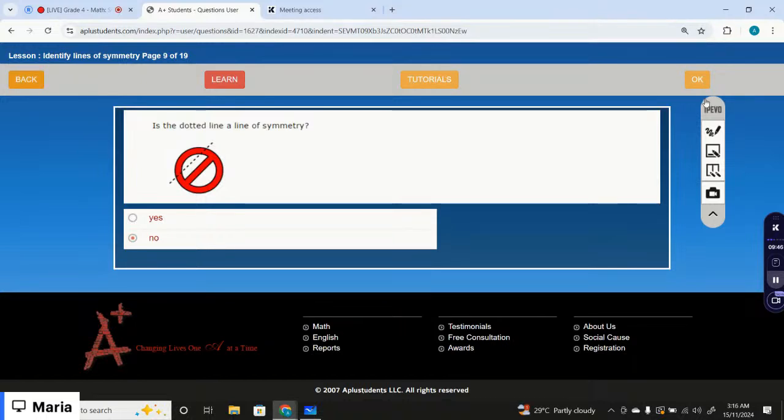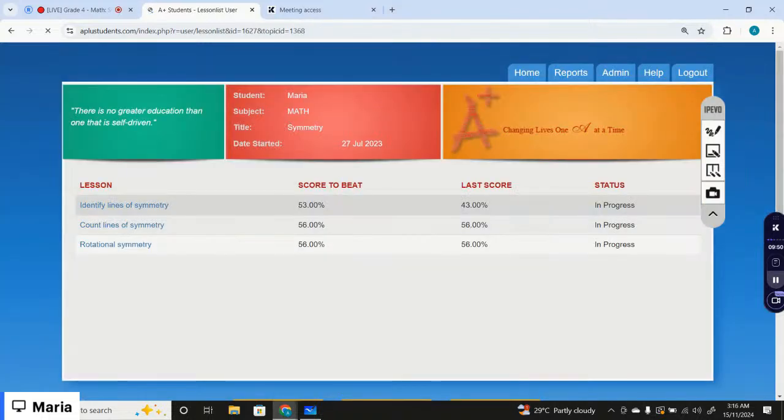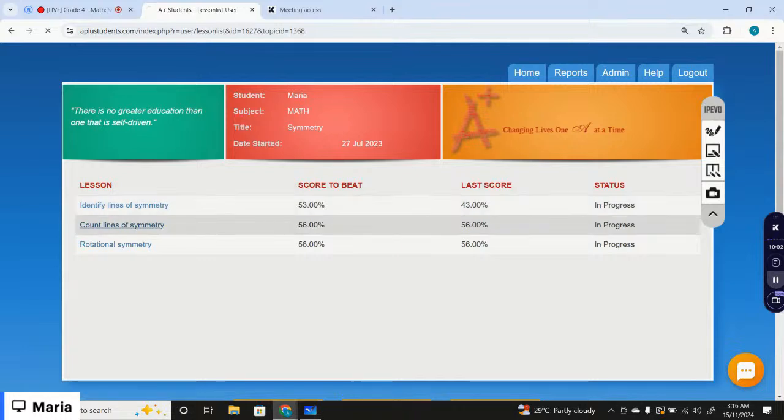Okay, you can complete the lesson by yourself later today. Let me just move on to the next lesson. The next lesson is count lines of symmetry.